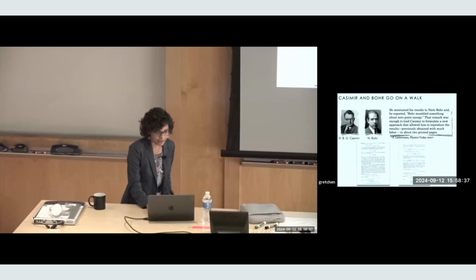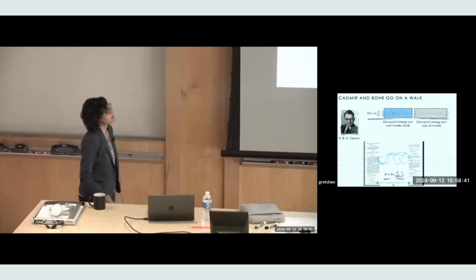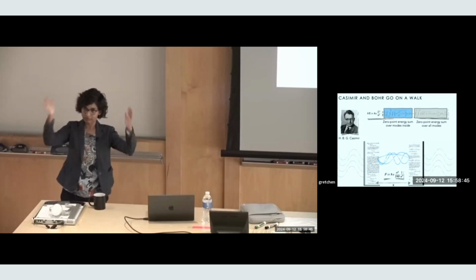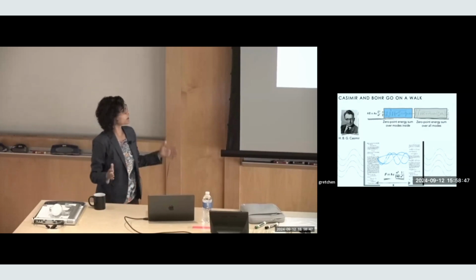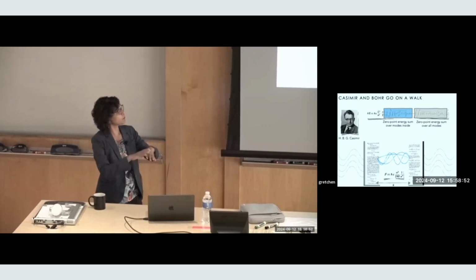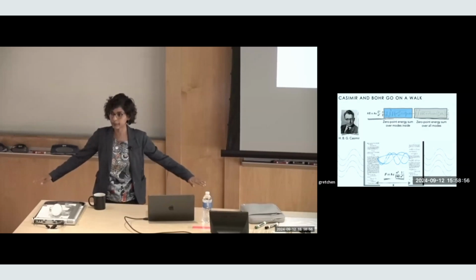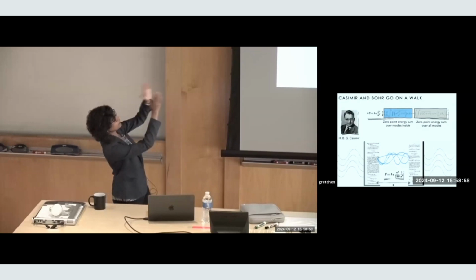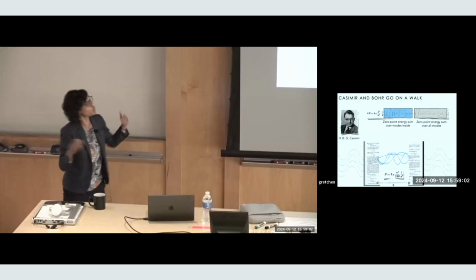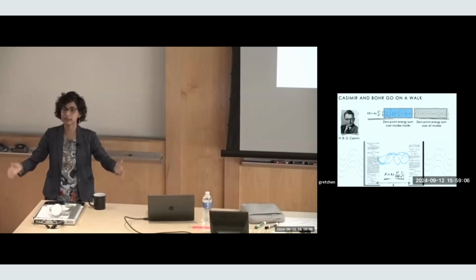What he did in this particular paper was to consider a cavity formed by 2 perfectly conducting plates and look at the zero-point energy of the electromagnetic field modes with and without these plates, okay? And if you look at the energy difference, which is what's shown there, you find that this energy difference depends on the separation between the plates.